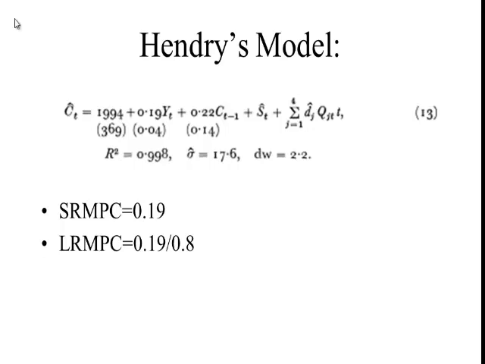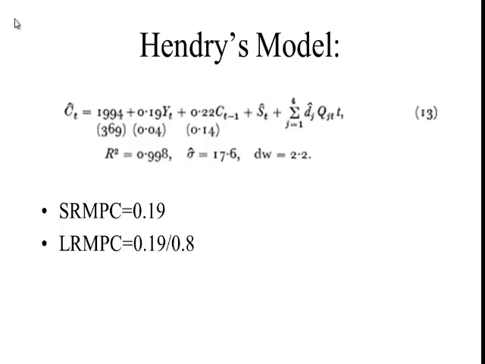And the SRMPC is 0.19, the coefficient of y, and the LRMPC is 0.19 over 1 minus 0.22, or about 0.8. R squared is 0.998. One thing to keep in mind is the sigma hat, because that's a better measure of fit.